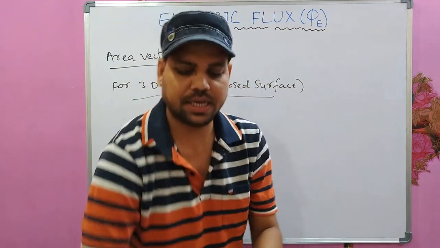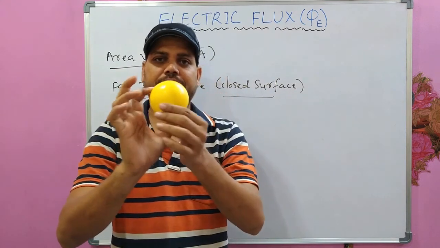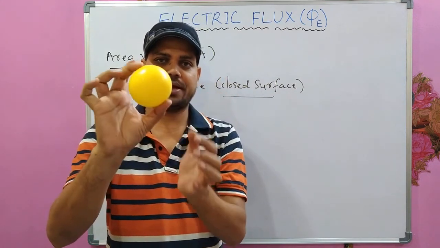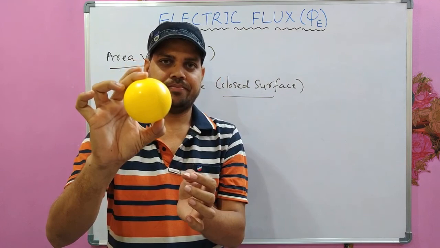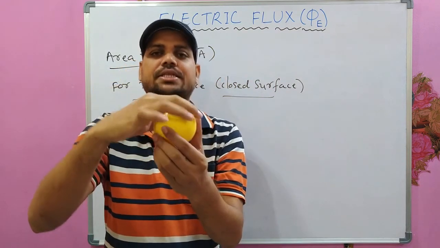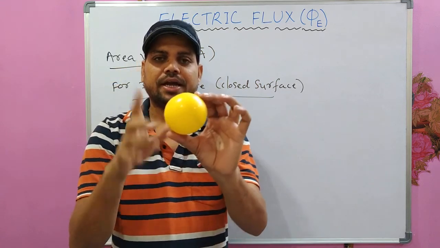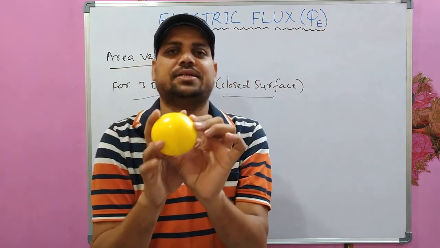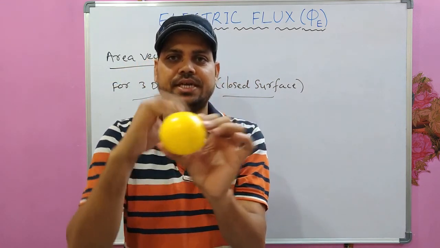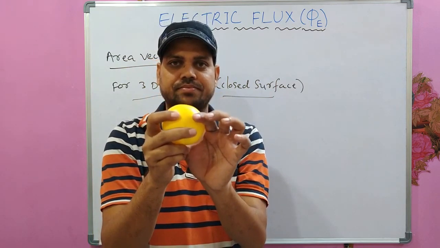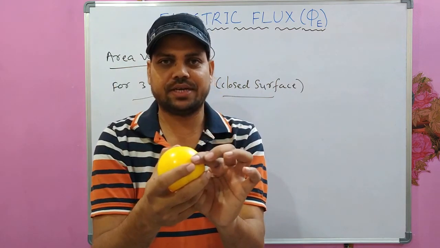See, if you see this, it is a spherical surface. It's a sphere in shape, which is a 3D surface. Right? And what about the surface area of this? What is the direction of it?